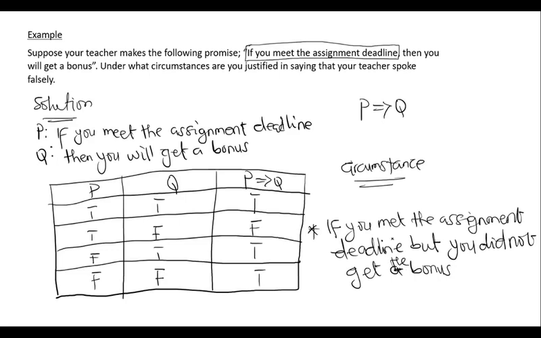So the only way you can say your teacher spoke falsely is if you met the assignment deadline, but your teacher decides not to give you a bonus. That will be a cheat on you because you did well to submit before the deadline.